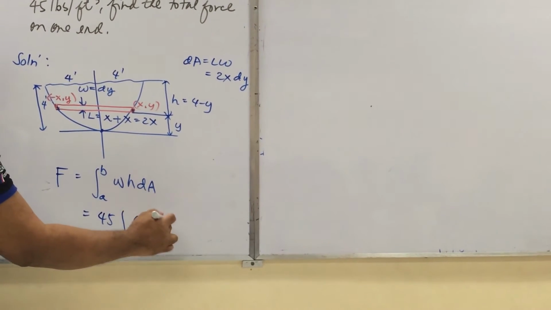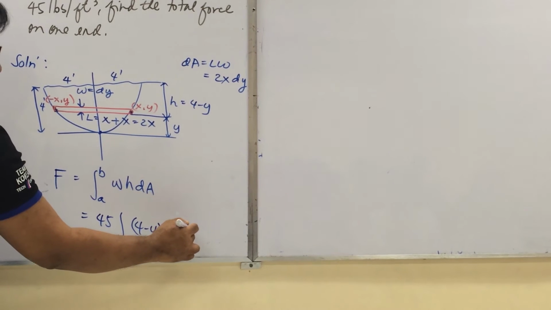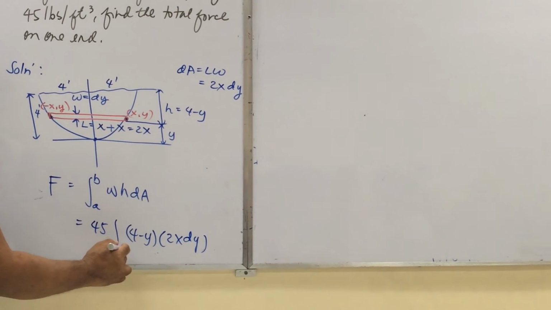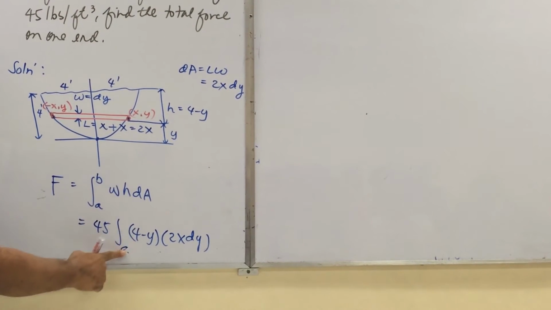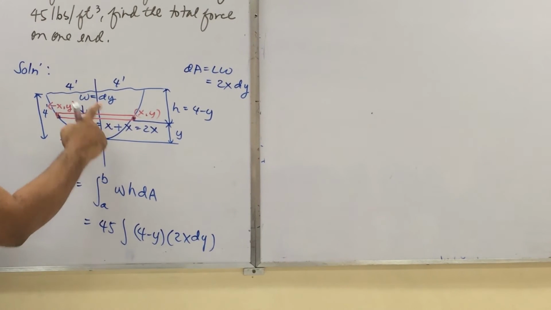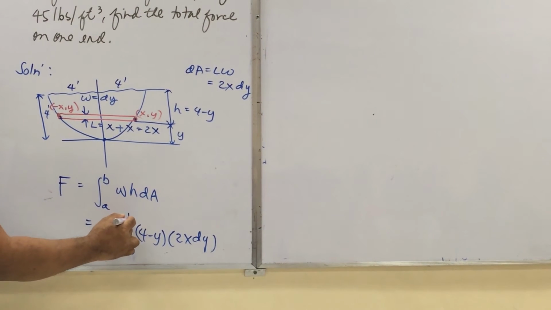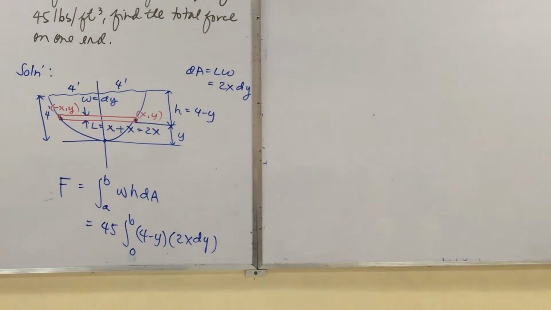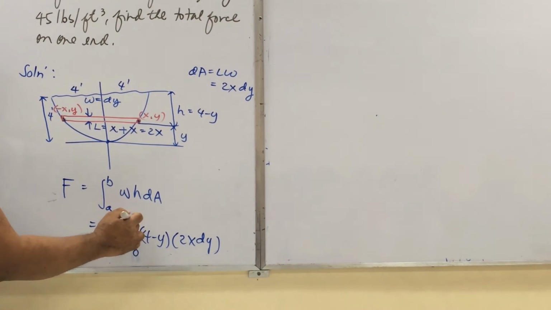Then we have dA is 2x dy from A to B. And what is that A to B? A to B is from 0 to 4.